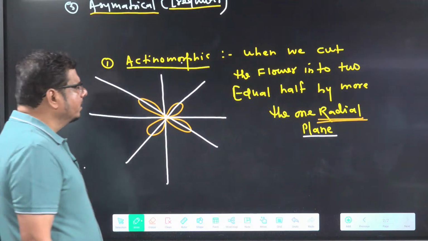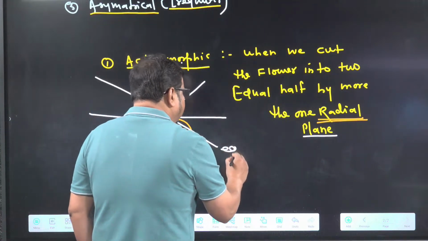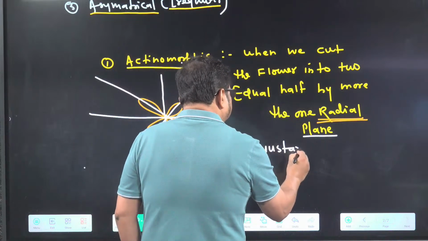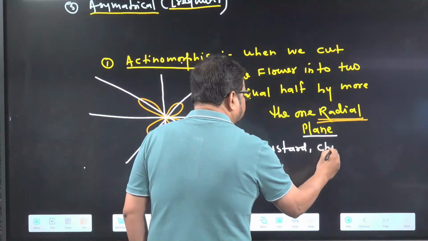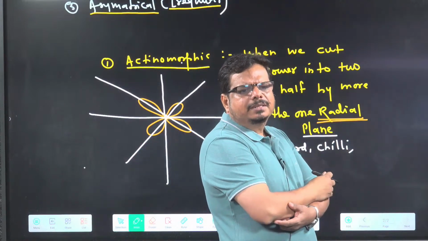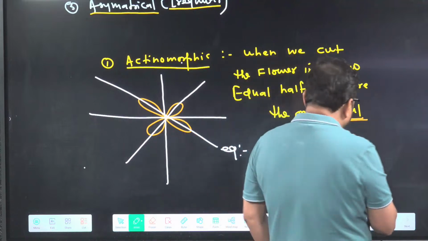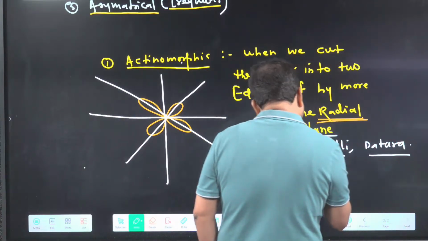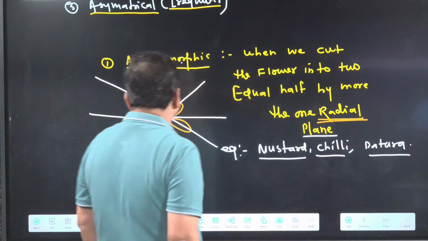So what are the examples of these actinomorphic flowers? Mustard, chili. Another example is dhatura, right? Mustard, chili and dhatura. So you just keep these examples in your mind.